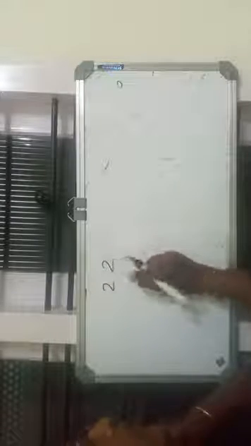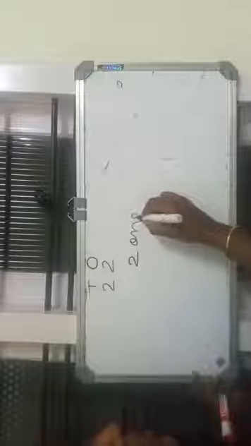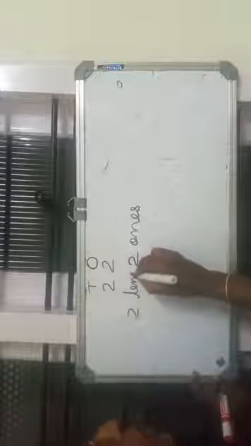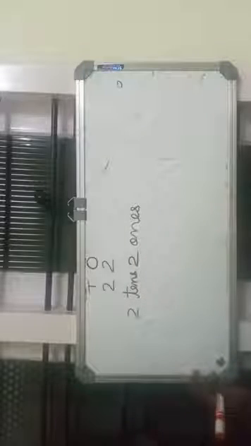If you have a 2-digit number, if you have 22, you know to split this into ones and tens. How do you write? Here you write ones and here you write tens. So you split like this, 2 ones and 2 tens, okay.